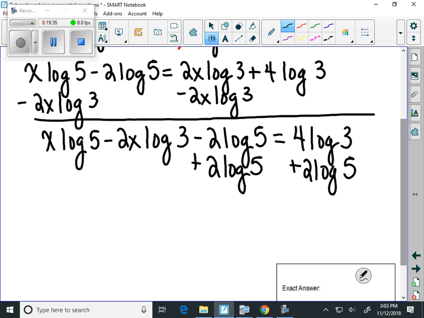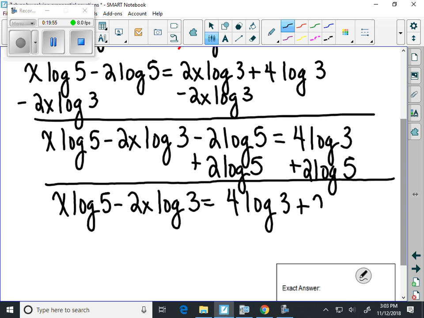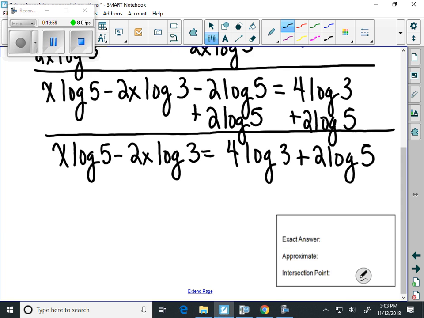So that means that all of the x terms are going to be on the left side, and all of the constant terms are going to be on the right side. We have x log 5 minus 2x log 3 equals 4 log 3 plus 2 log 5.